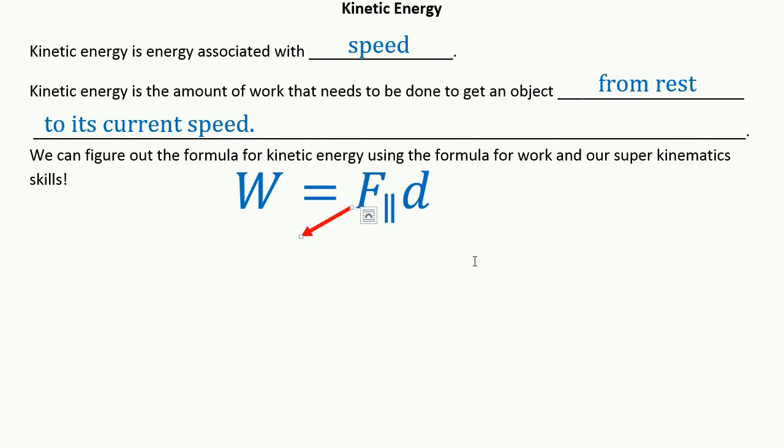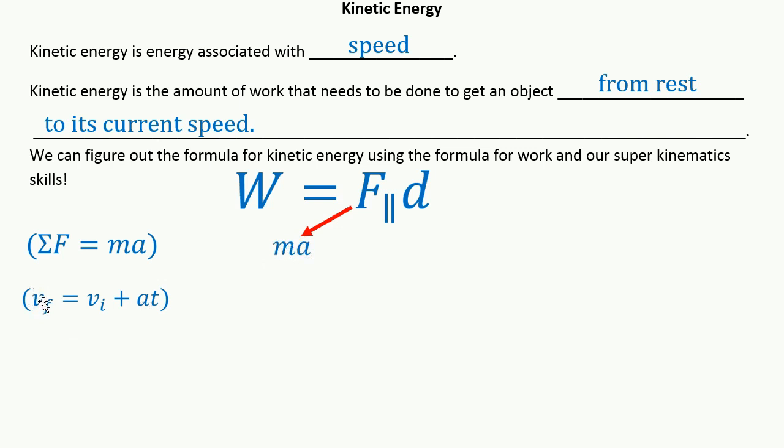And I'm going to start with this force. I'm going to write that in a different way. And you might recall that force can be written as mass times acceleration. That's from Newton's second law, F equals ma. Then, now that I've rewritten force as mass times acceleration, I'm going to rewrite this acceleration as something different. And to help me with that, I'm going to use this kinematics equation.